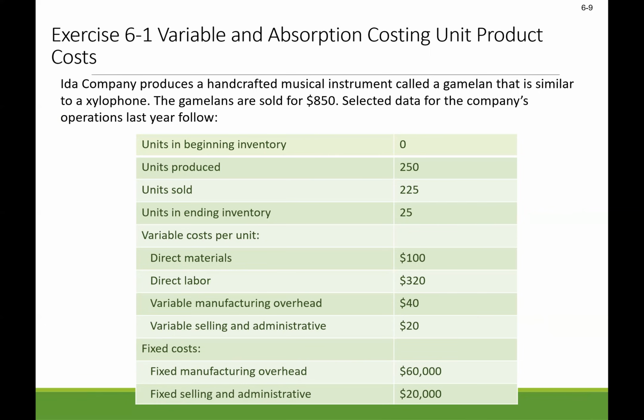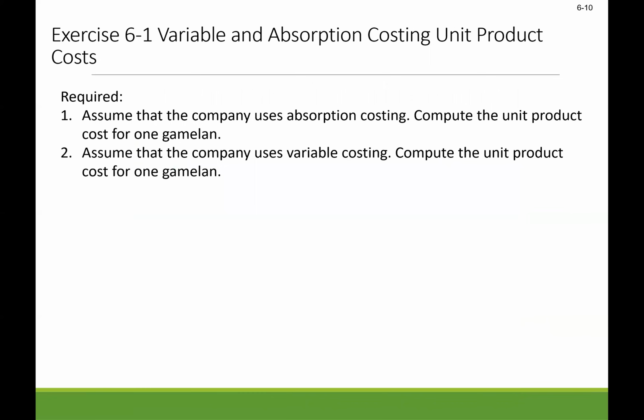We show the units produced, the units sold, the ending inventory, and then we've got our variable costs. We've got our fixed costs. Assume the company uses absorption costing. Compute the unit product cost for one gamelan, and then we'll do the same using variable costing.